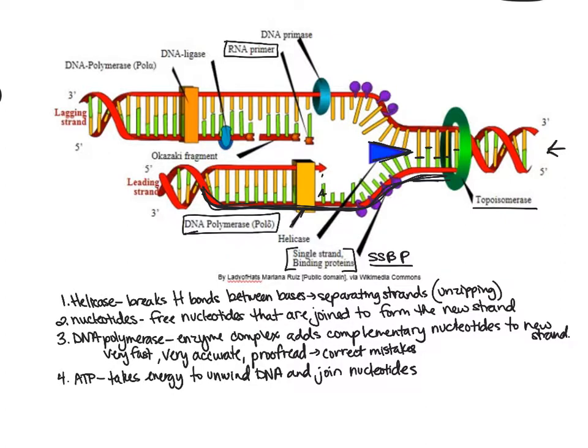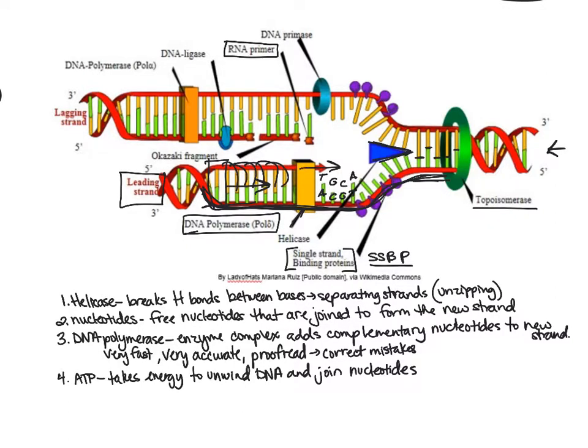If there's an A, then it's going to add a T. If there's a C, it'll add a G. If there's a G, it'll add a C. If there's a T, it'll add an A, as it goes along the DNA. So on this side, it's called the leading strand. Our DNA polymerase attached over here, and it's been going this direction, adding nucleotide by nucleotide the whole way.